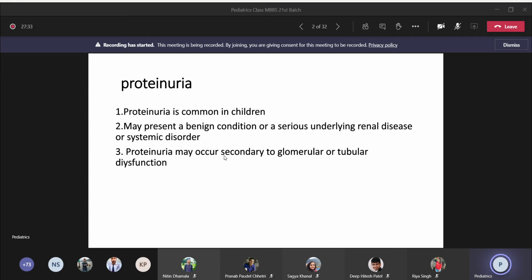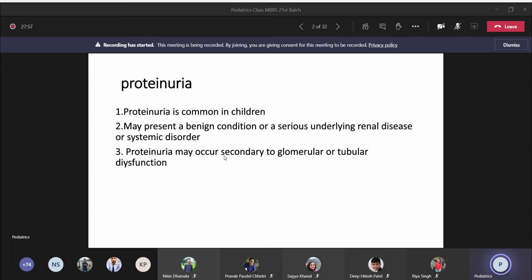So how can you know whether this is albumin or phosphate? You add some potassium hydroxide, and if it dissolves, it is not albumin, it is phosphate. But if it does not dissolve, it is albumin.